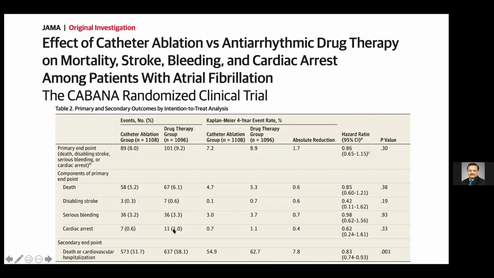Here in this CABANA trial, if you look at the mortality data, the p-value is 0.38. So that means there is a 38% chance of the data not being compatible with the null hypothesis. So you hold on to the null hypothesis. In the primary endpoint also, it was 0.3, in cardiac arrest 0.33, serious bleeding 0.9. So that's how p-values should be interpreted, and they should be reported as they are.